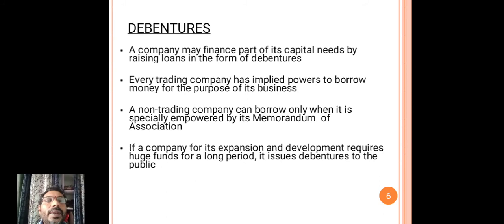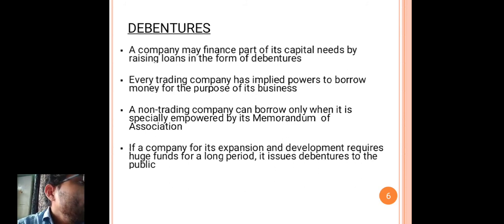If a company, for its expansion and development, requires a huge fund for a long period, it issues debentures to the public. Okay, this is an important point we have to remember.